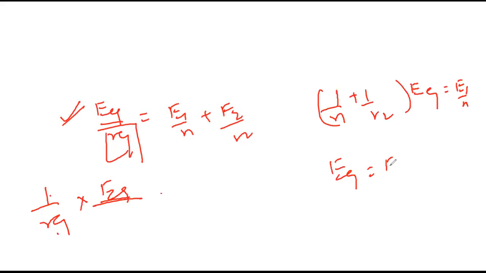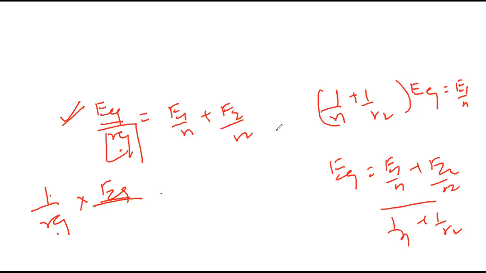So E equivalent is E1 upon R1 plus E2 upon R2, upon 1 upon R1 plus 1 upon R2. I will be using this formula every time to make the calculation. Otherwise, बार बार मुझे ये निकालना पड़ेगा.